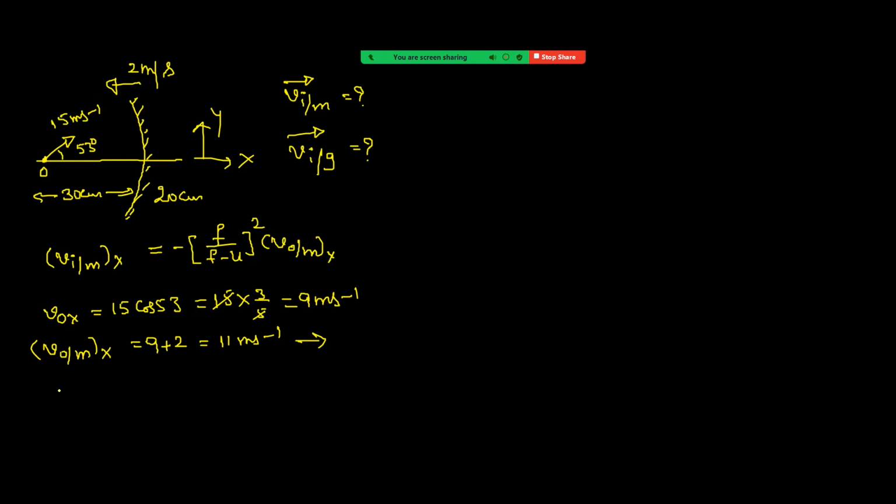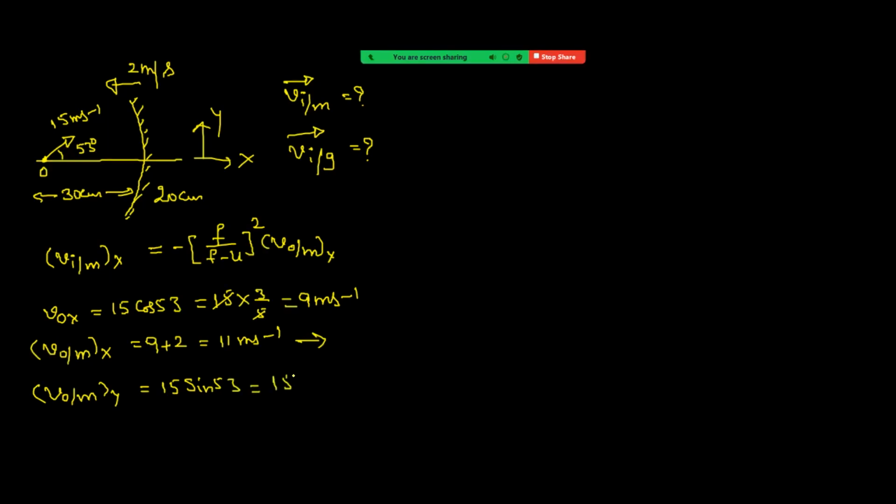Next, coming to velocity of object with respect to mirror along y-axis. For the mirror, there is no velocity along y-axis. And coming to the object, 15 sine 53.